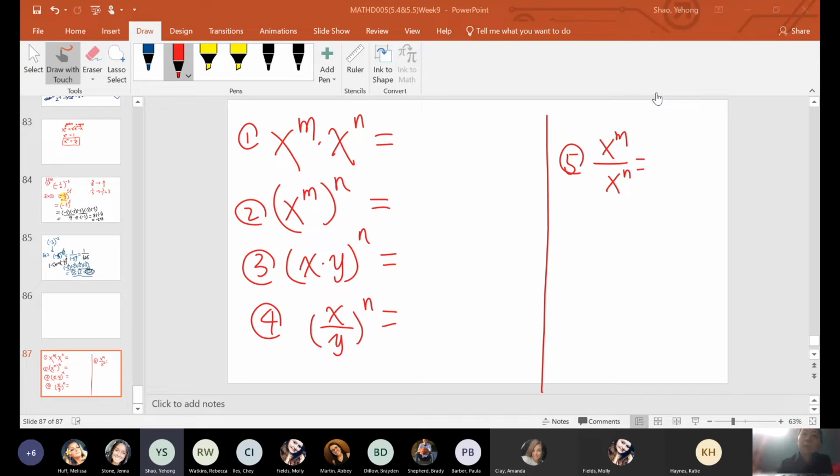Actually, Melissa, for number 4, you can describe your answer in exponents.